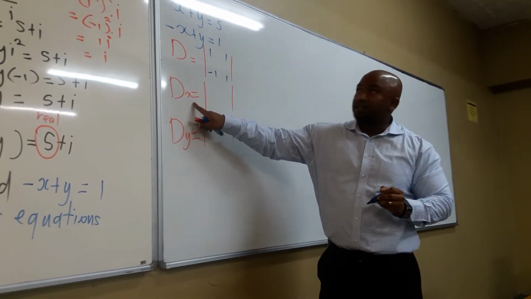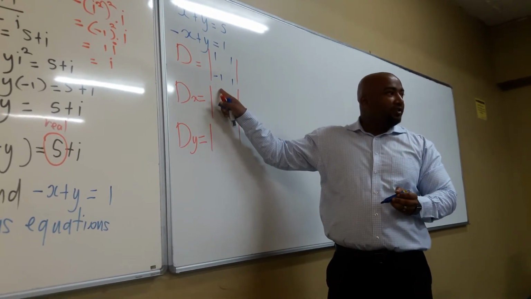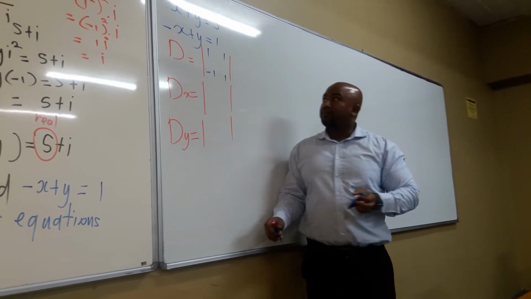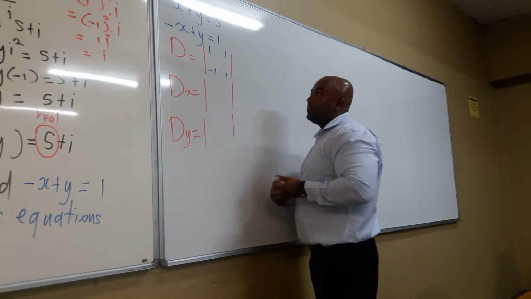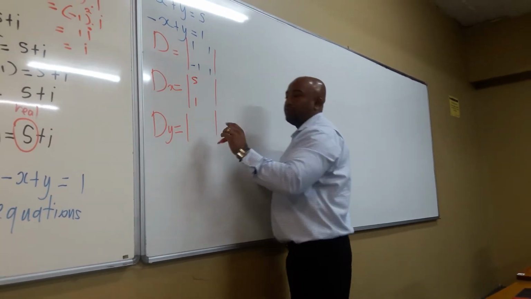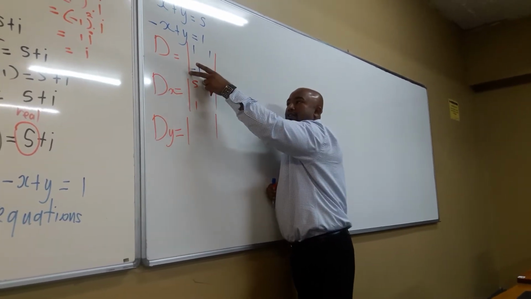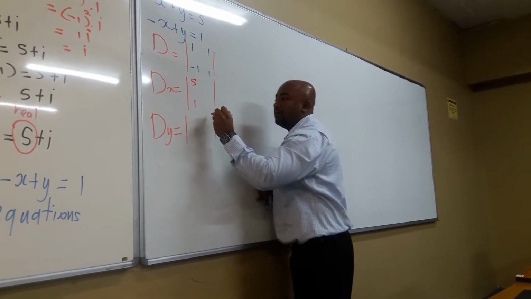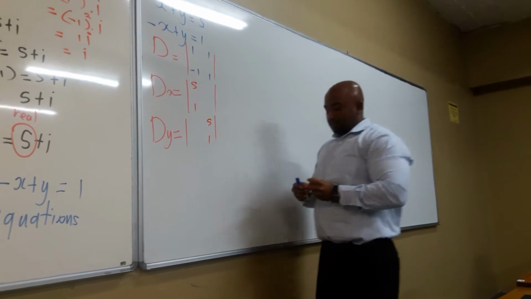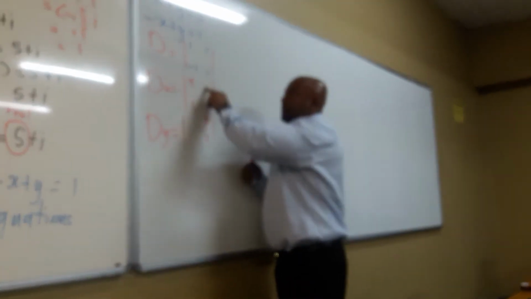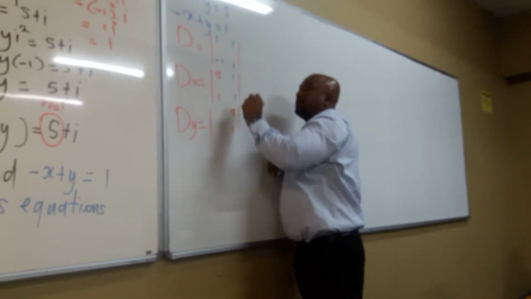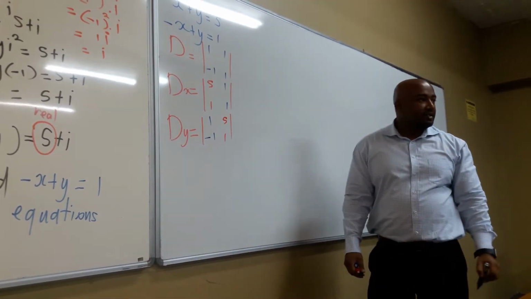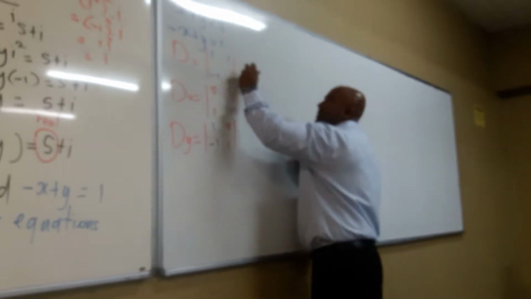Then for dx, I'm going to go back to the determinant of coefficients, and then I will replace the x column with 5 and 1. For dy, I will go back to the determinant of coefficients, and this time replace the y column with 5 and 1. Right, here the original y column will remain the same, and here the original x column will remain the same.